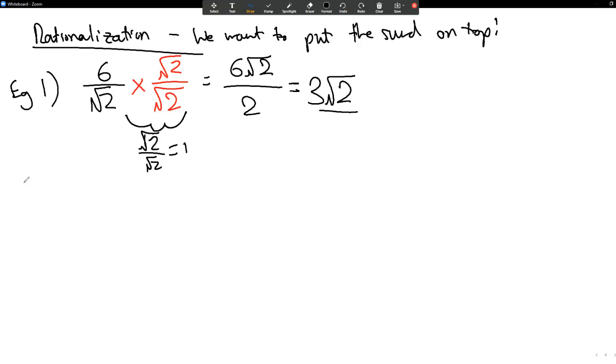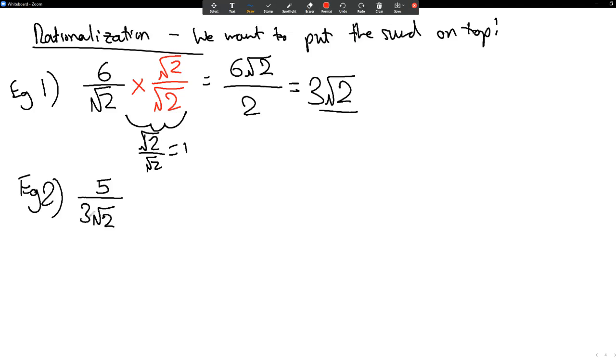Okay, let's think about another example. So what would happen if we had something like 5 over 3 root 2? Now see, we don't just have a surd down here, we also have a constant, a number. Well, actually, the process is the exact same.